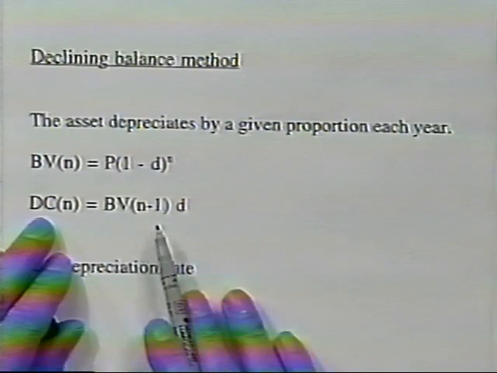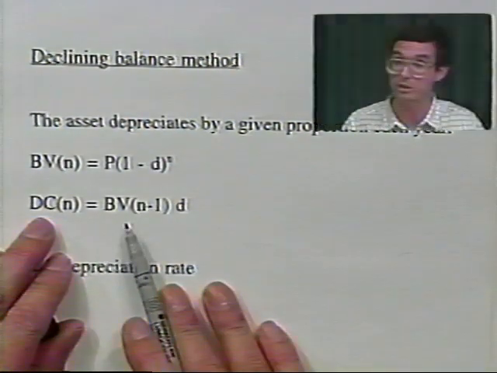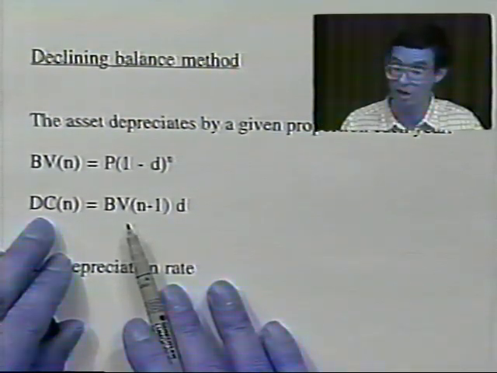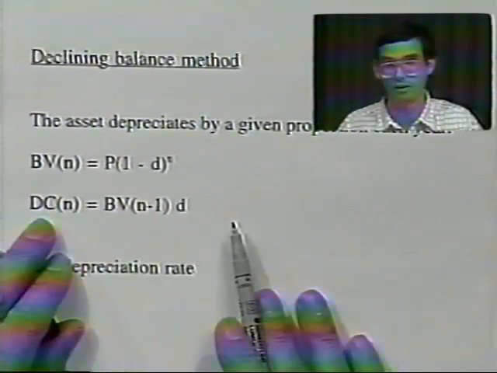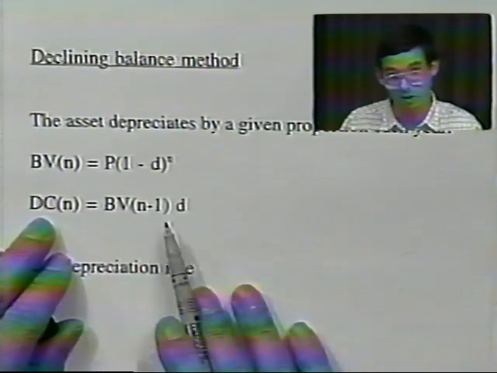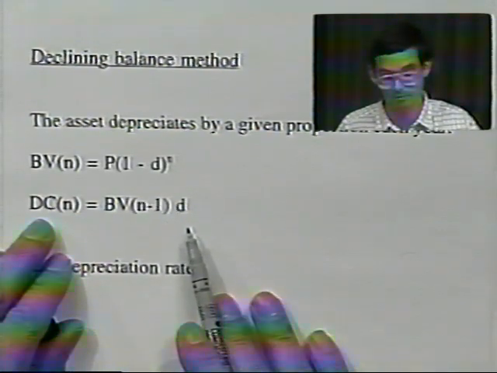So in the first year, that book value would be the first cost, and the depreciation charge in the first year would be P times D. But in subsequent years, and in general, it's the book value at year n-1 times D.